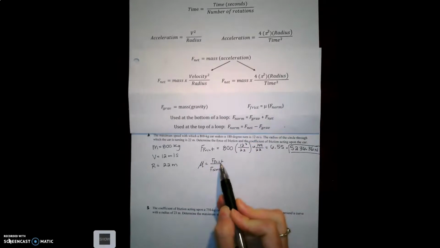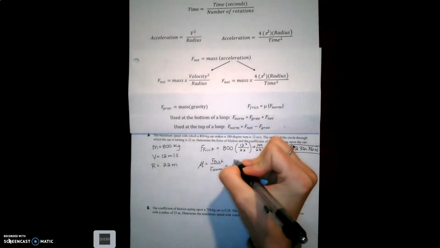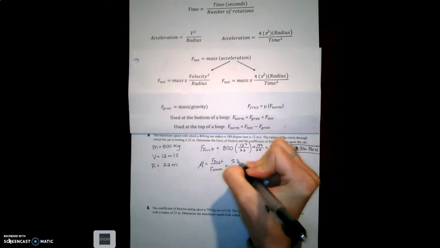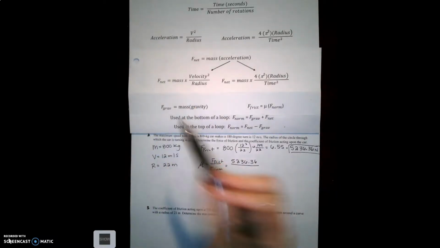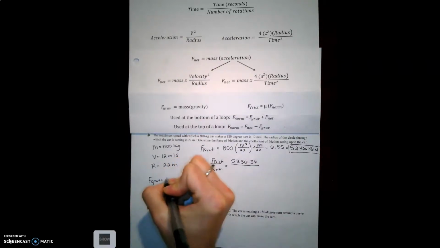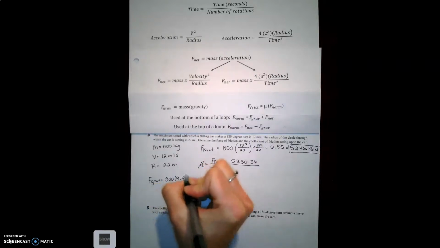So we just found our frictional force, so that's going to go on top, 5,236.36. And we need to find our normal force. Whenever we're trying to find our normal force, it is again going to be this gravitational force, because those are going to be the same. So our gravitational force is our mass, which is 800, multiplied by gravity, which is 9.8.